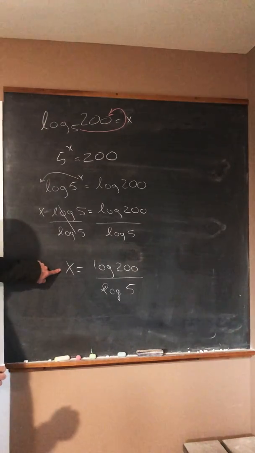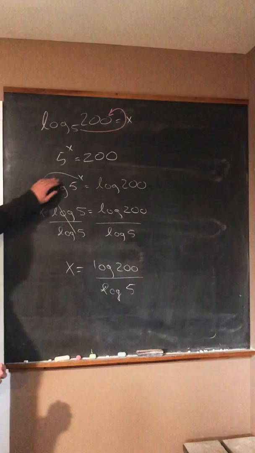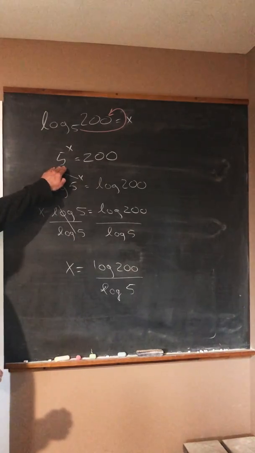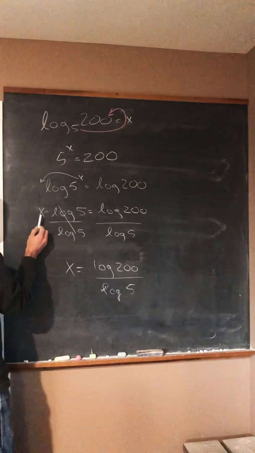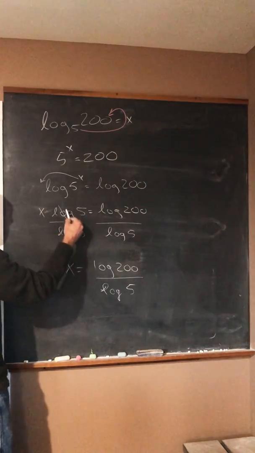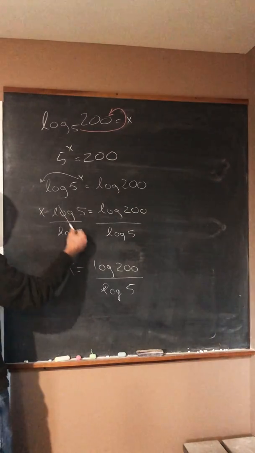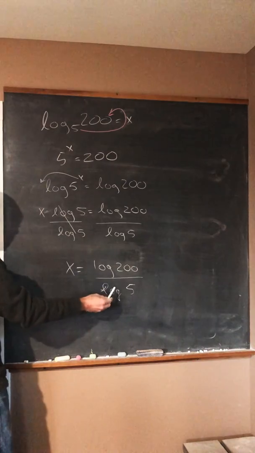Hey, look at that. We solved for x. How did we do that? We put it back into exponential form, used the power rule to pull this x out front, so x log 5 equals log 200, divided by log 5. That simplifies to 1. x equals log 200 over log 5.